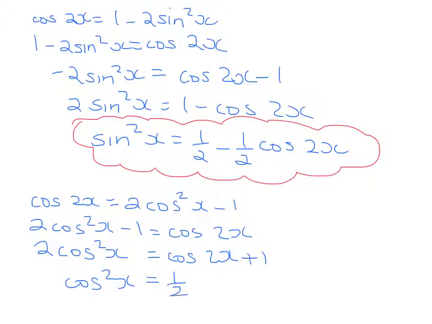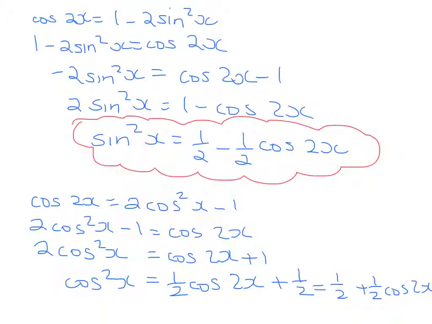So it's a half cos 2x plus a half. So they're similar, they're very similar. They've both got cos 2x in them, a half cos 2x. One's a minus, one's a plus, and they've both got a half. So the only difference is if you rewrite it to make them the same, it's a half plus a half cos 2x, if that's the way you want to remember it.